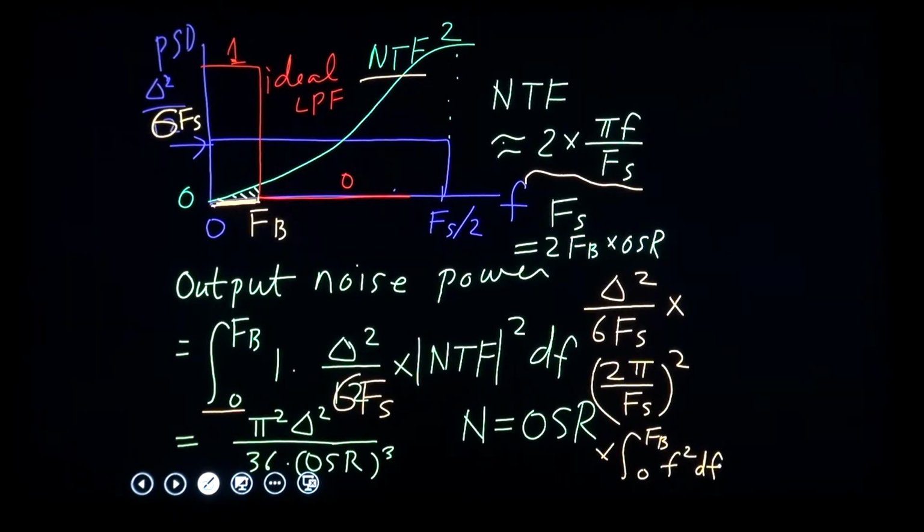This will give you the value pi square delta square over 36 times 1 over OSR cube. So as I increase OSR twice, the noise power is reduced by 1/8.